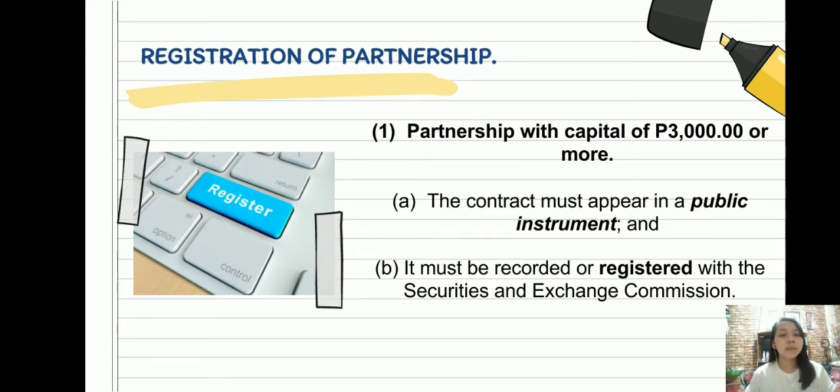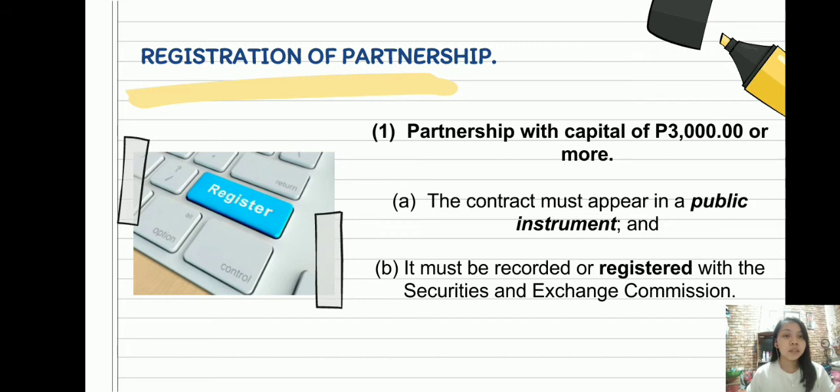So, kanina, diba, tinalakay natin yung about sa real rights or sa immovable property. For now, we will talk about a personal property, which is a partnership with a capital of 3,000 pesos or more. So, yung mga requirements for this is, first, the contract must appear in a public instrument, just like katulad din kanina.